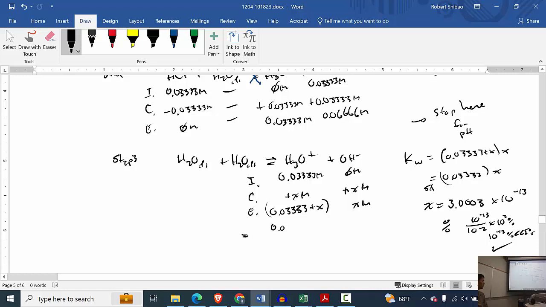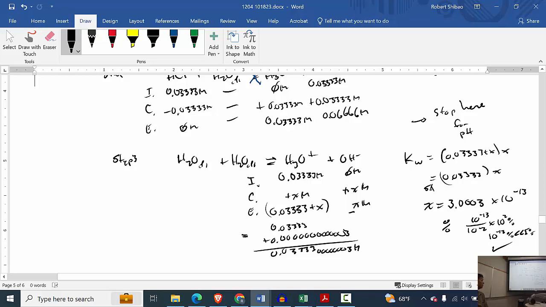And so the hydronium is 0.0333 plus twelve zeros and then a few more digits.